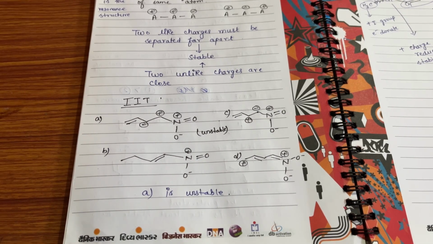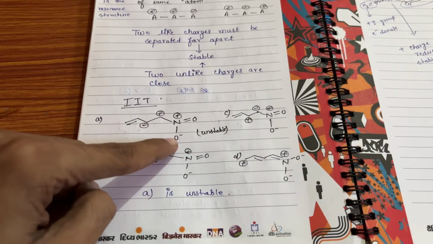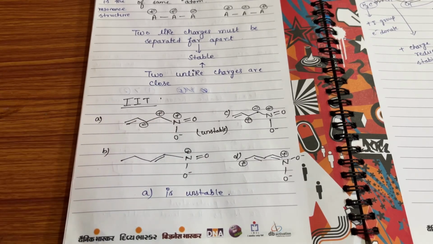So we check the electronegativity, meaning we check the charge on the atom. Nitrogen is less electronegative than oxygen, so it carries a positive charge. It is unstable. Why is it unstable?